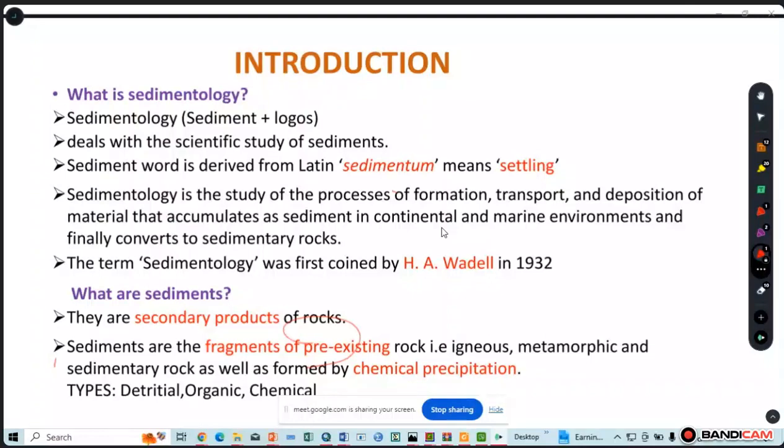The study of these small fragments, and how they are then converted into a rock, is known as sedimentology. It deals with the scientific study of sediments.